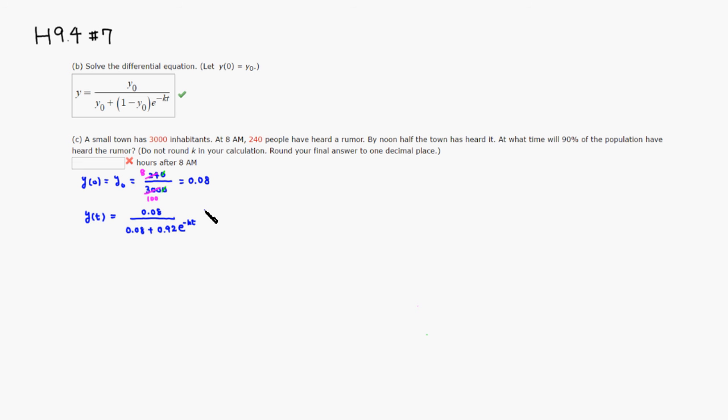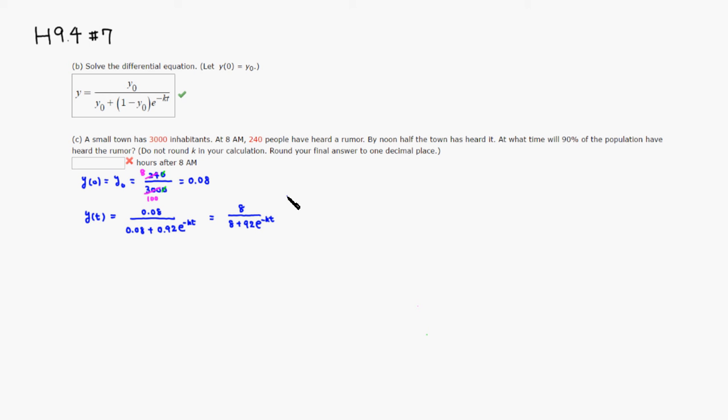Let's see, I'm going to multiply top and bottom by 100. So we're just going to have 8 over 8 plus 92 e to the negative kt.